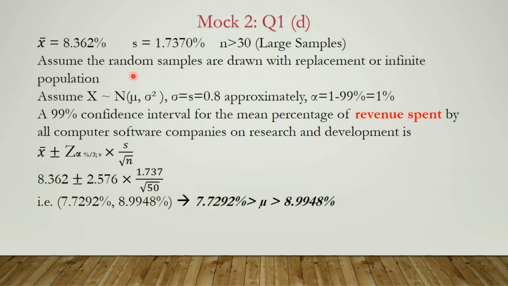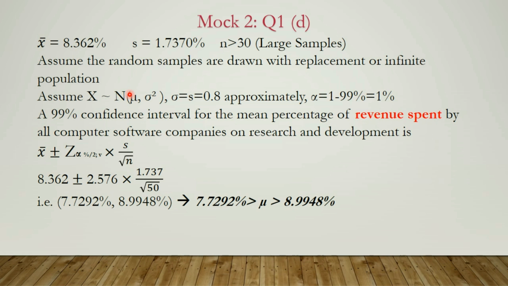Then we have the following assumptions: the random sample is drawn with replacement or from an infinite population, and we assume that x follows the normal distribution.